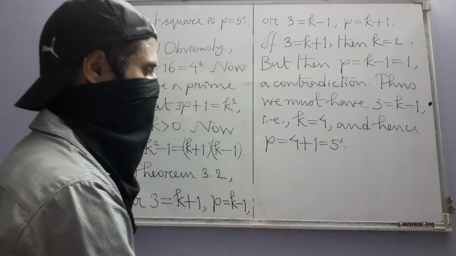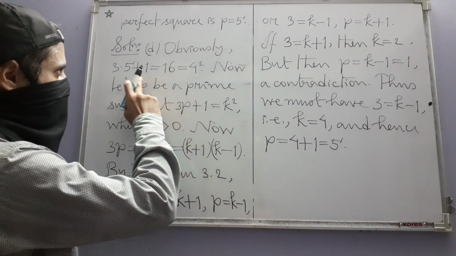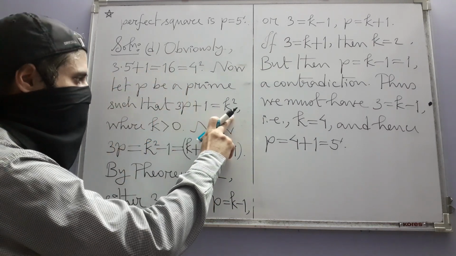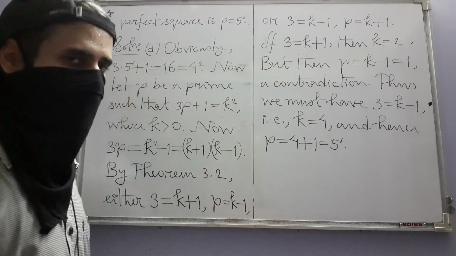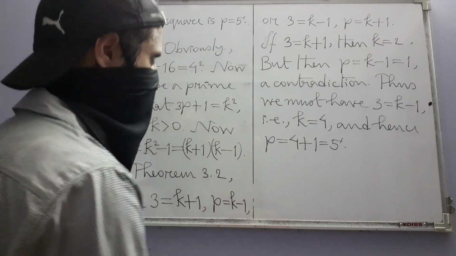Yeah, now it's okay because 5 is a prime. So you see that 3 times 5 plus 1 is a perfect square, but if you assume that it's a perfect square, then p must be equal to 5. So that's why that is the only prime for which this happens.